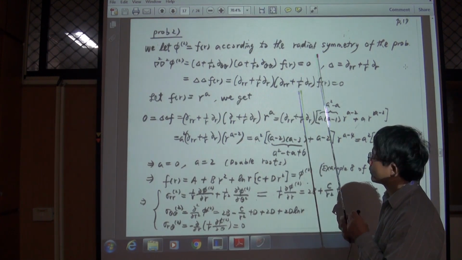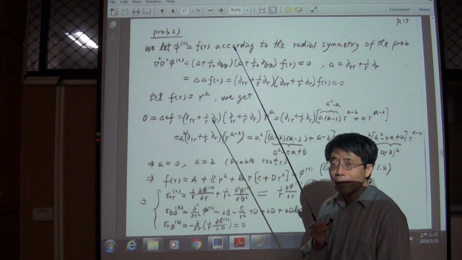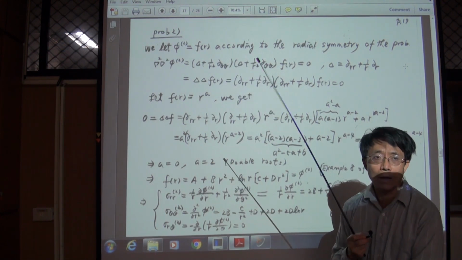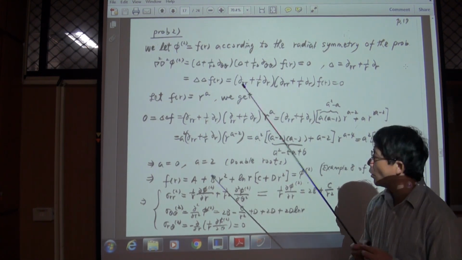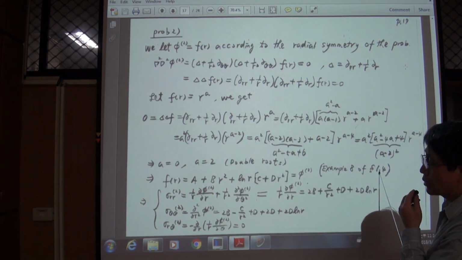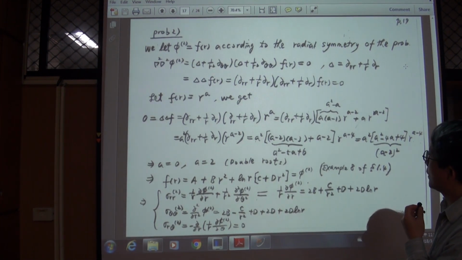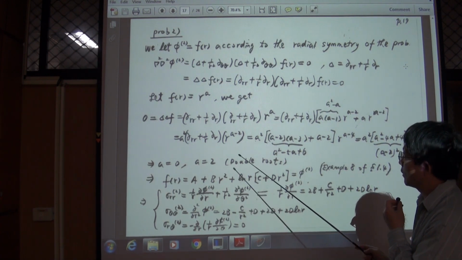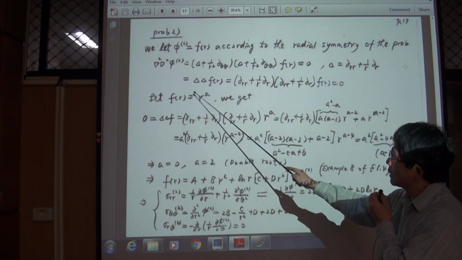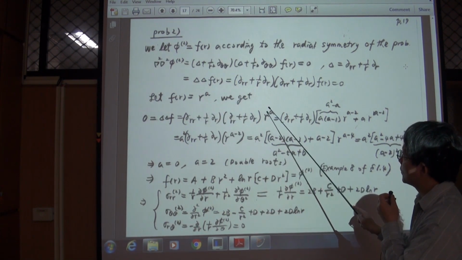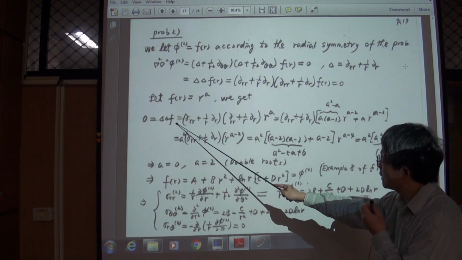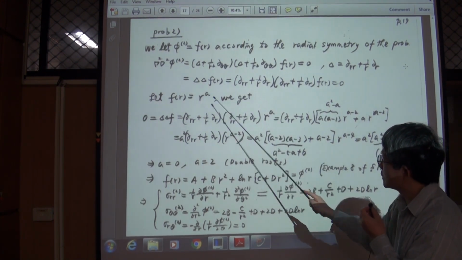This is an Euler equation again. We have already solved this equation before in section 1.4, example A. So we just repeat the result quickly. F(r) equals r to the power lambda, so put it here. And this is the operator, this is the operator.